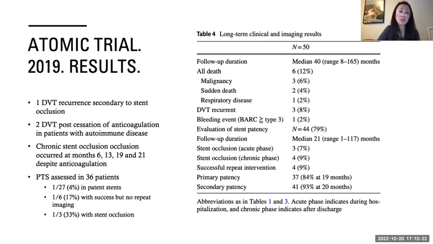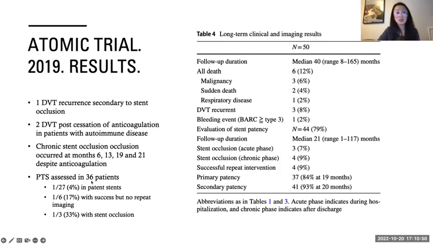In terms of the actual results, they had 1 DVT recurrence secondary to stent occlusion of those 50 patients. So we had long-term results for 50 patients. 2 had DVT after cessation of anticoagulation, and both these patients had autoimmune disease. There was some chronic occlusion seen in about 9% of patients, or 4 patients, distributed between 6 months and 21 months.